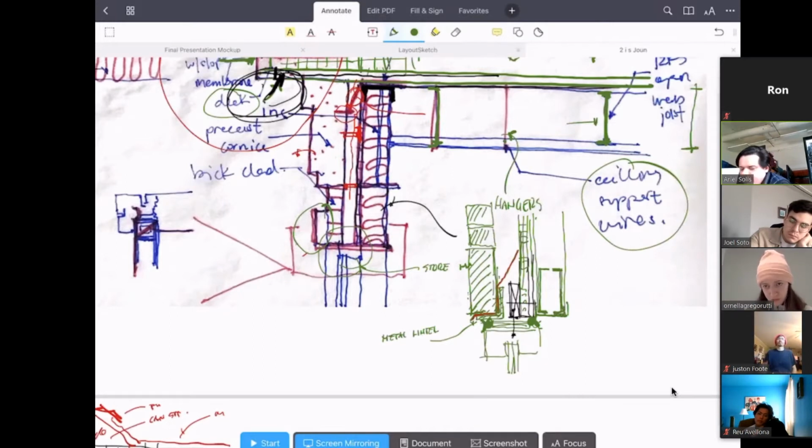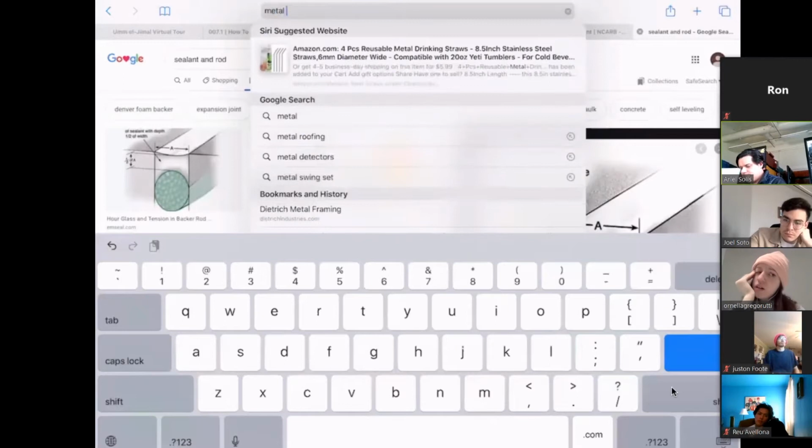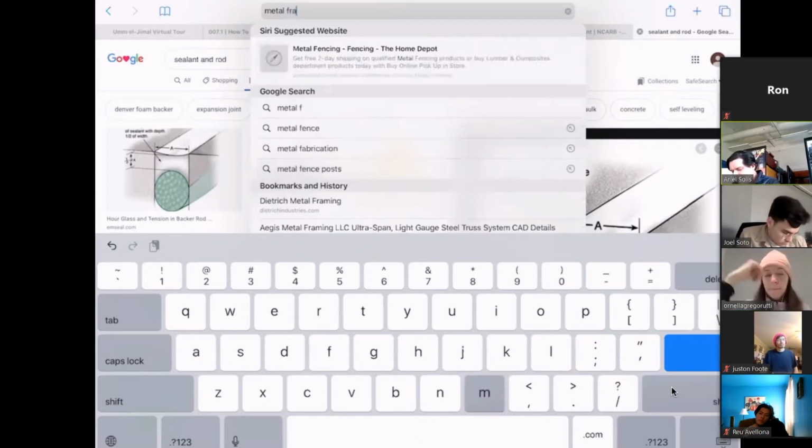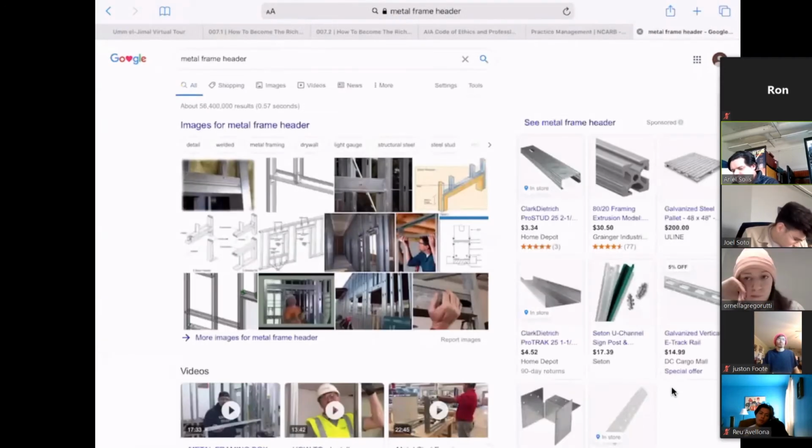Now he has a metal stud wall, so there are no structural loads coming down, right? But if the span is really big, you still put a header. So metal frame, and in reality it is a lightweight header.